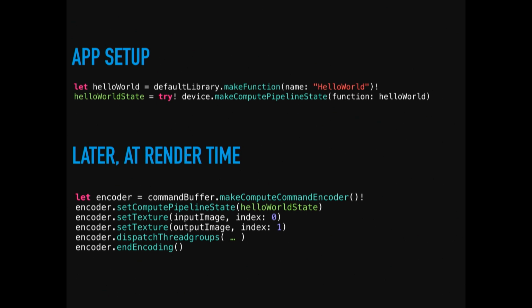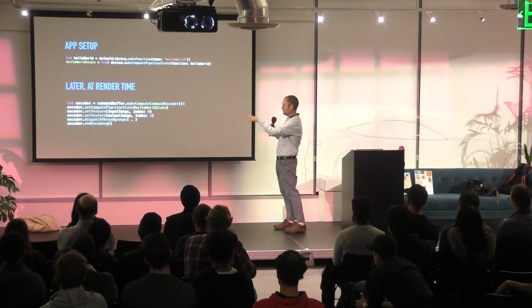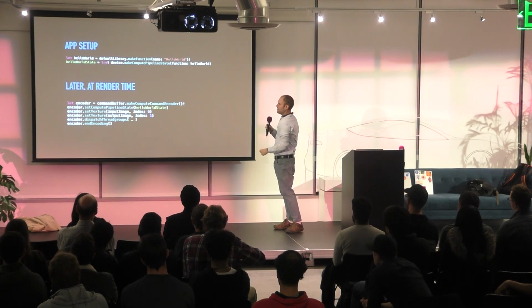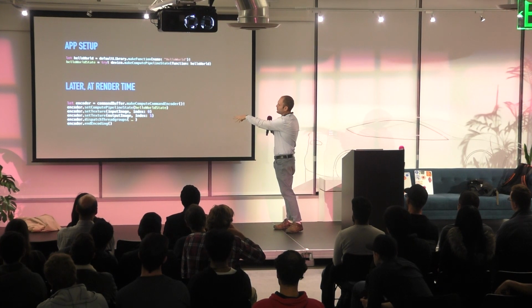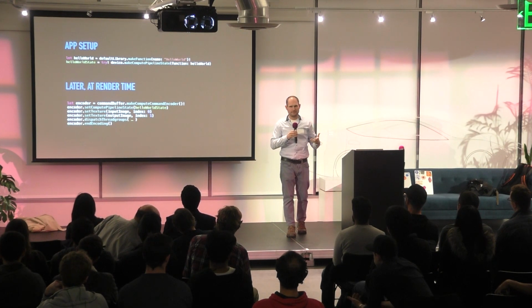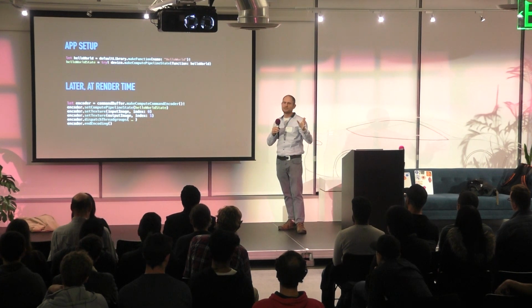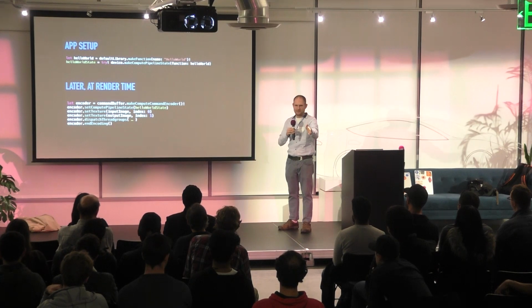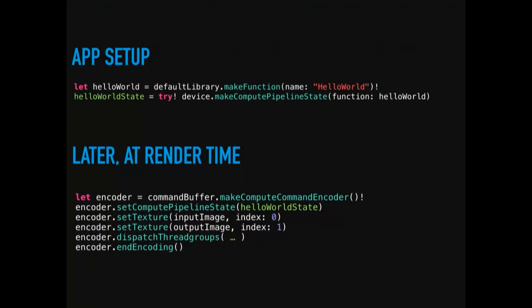And then at render time, at some later point, you set up your render encoder, and you set it to that state of that function, and you bind values to the function using, in this case, set texture, or you could set buffers or bytes or samplers or all sorts of different types of parameters. So you have to imperatively say, I want this value inside this slot in my shader.